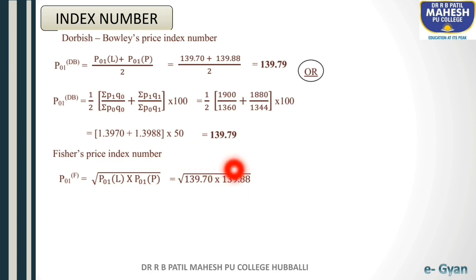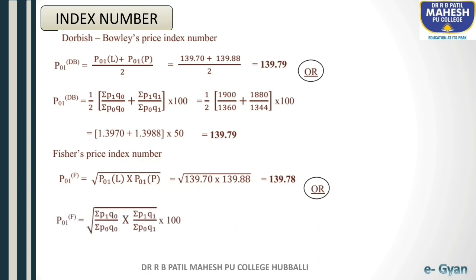After you multiply these two values and take the root, the final answer of P0 of Fisher's is 139.78.